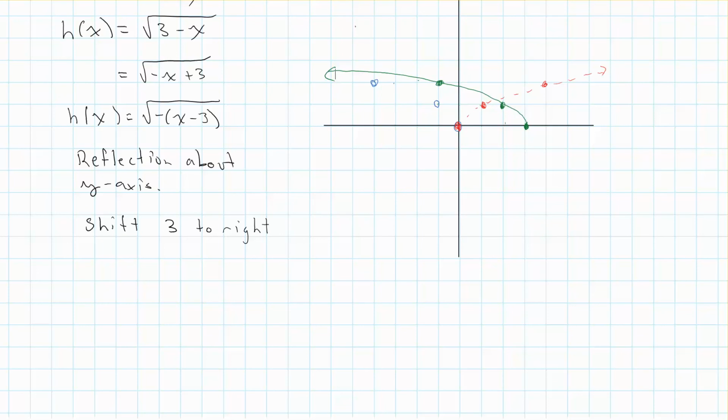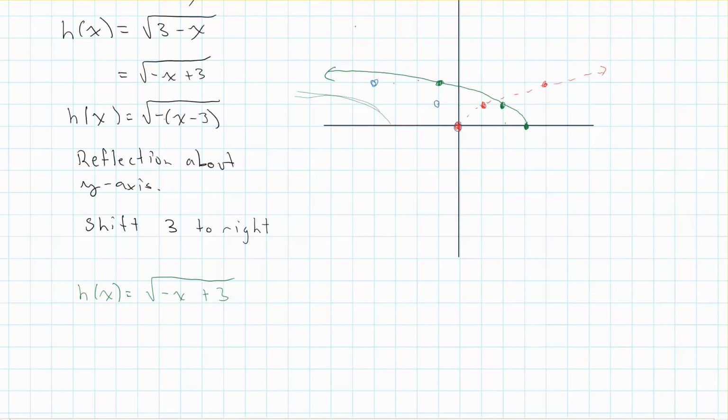If we simply just went with the way the function was, negative x plus 3, you might be tempted to say, okay, well, I'm going to flip it across the y-axis and then go 3 units to the left. But that won't give you the correct one either, because if you did that one, you'd actually be starting here and going over.